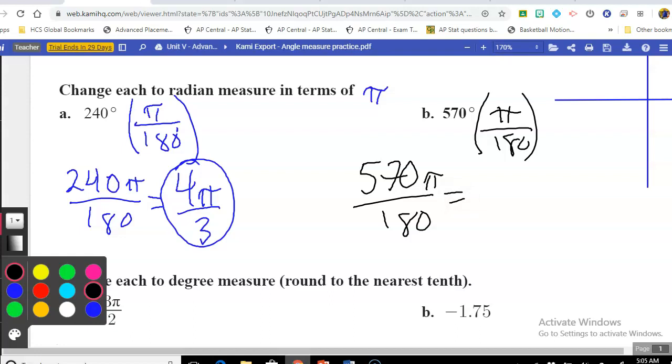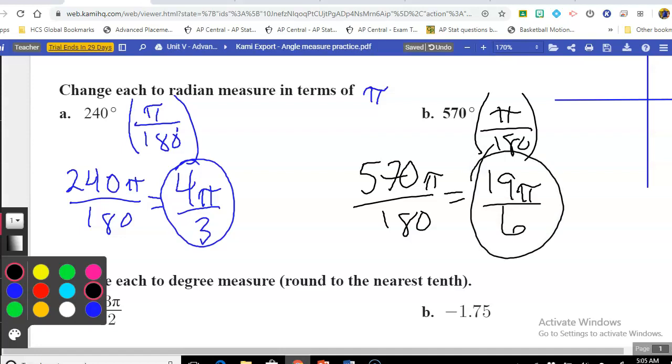That's going to simplify. I believe 30 goes into both of those, and we would be simplified down to 19 pi over 6.